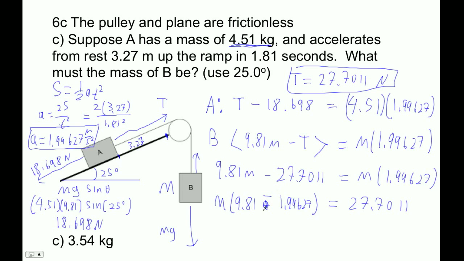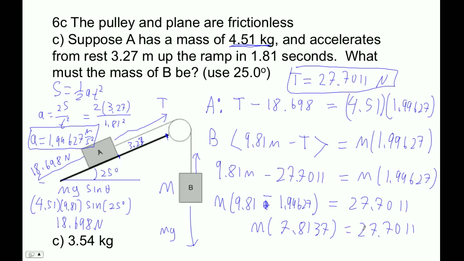Oops, we've got a dog alarm going off here. Okay, so 9.81 minus what I've got for the acceleration. So I've got m times 7.8137 equals 27.7011. And so I guess we just divide: 27.7011 divided by the answer I just got.